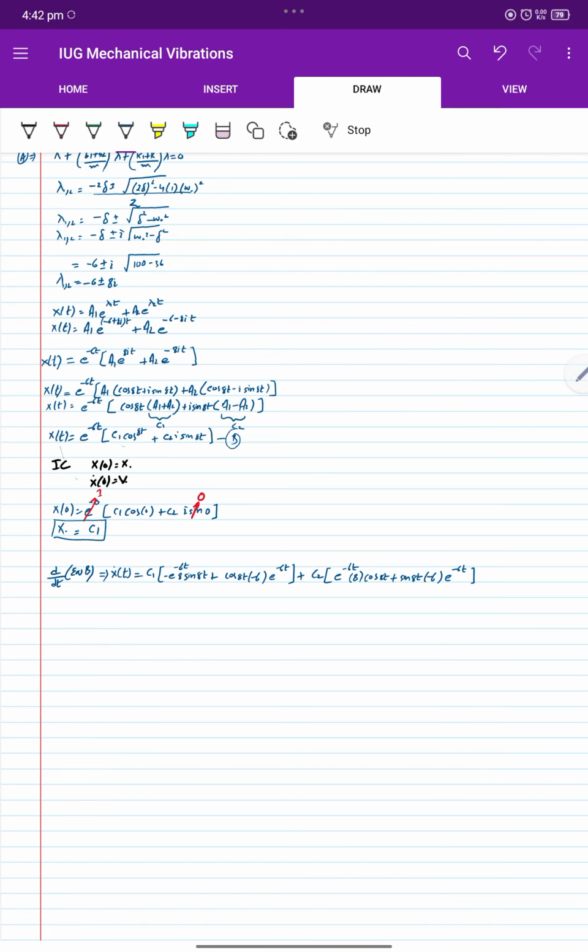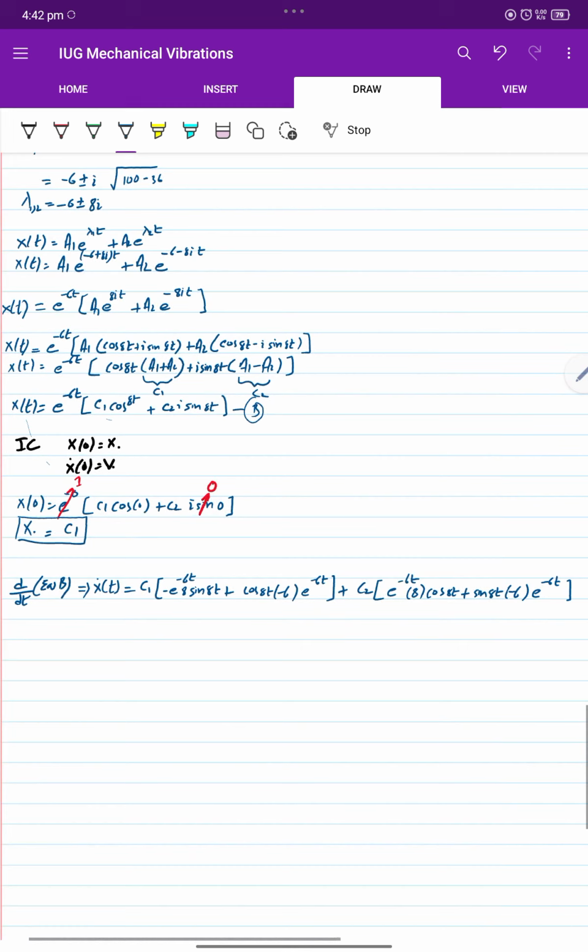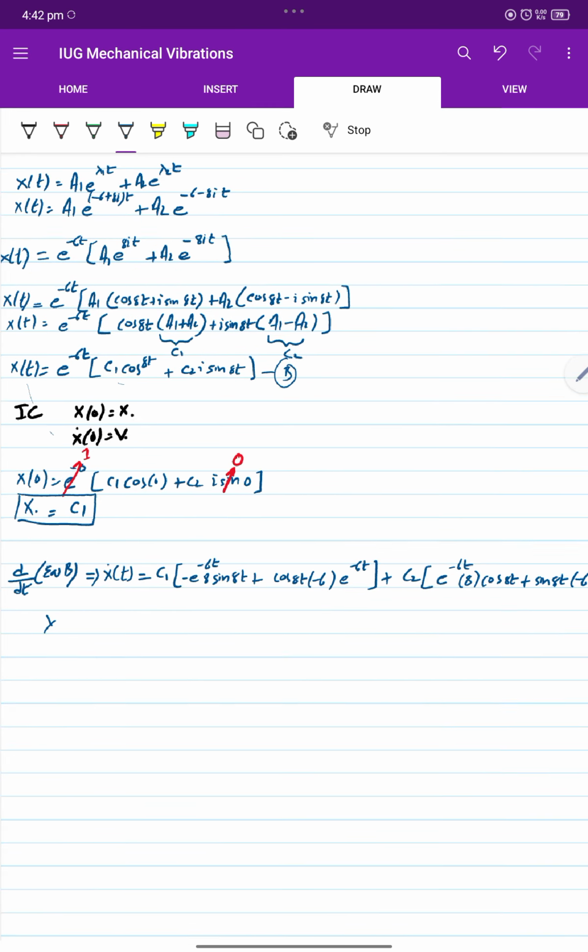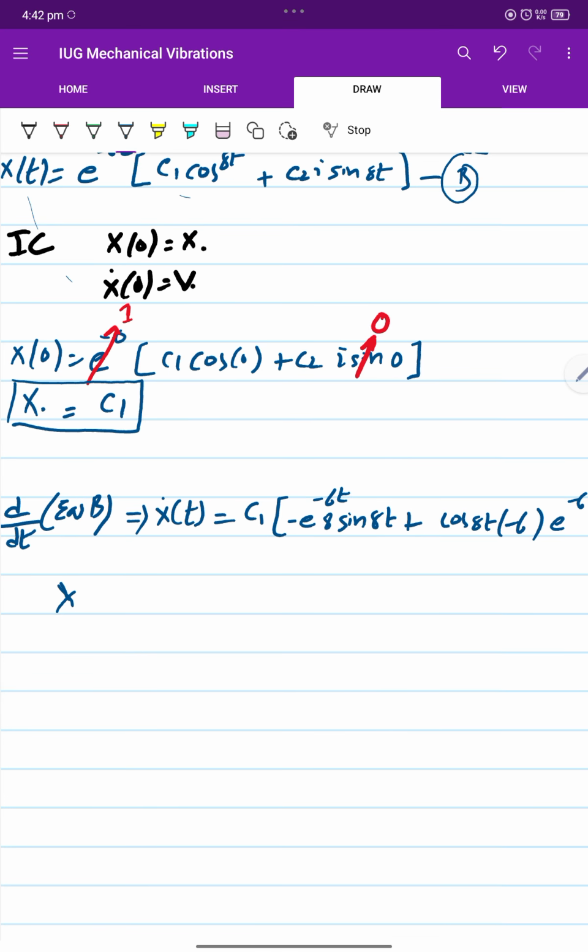In this equation you can substitute t equals 0. So at t = 0, x dot of 0 equals v naught.